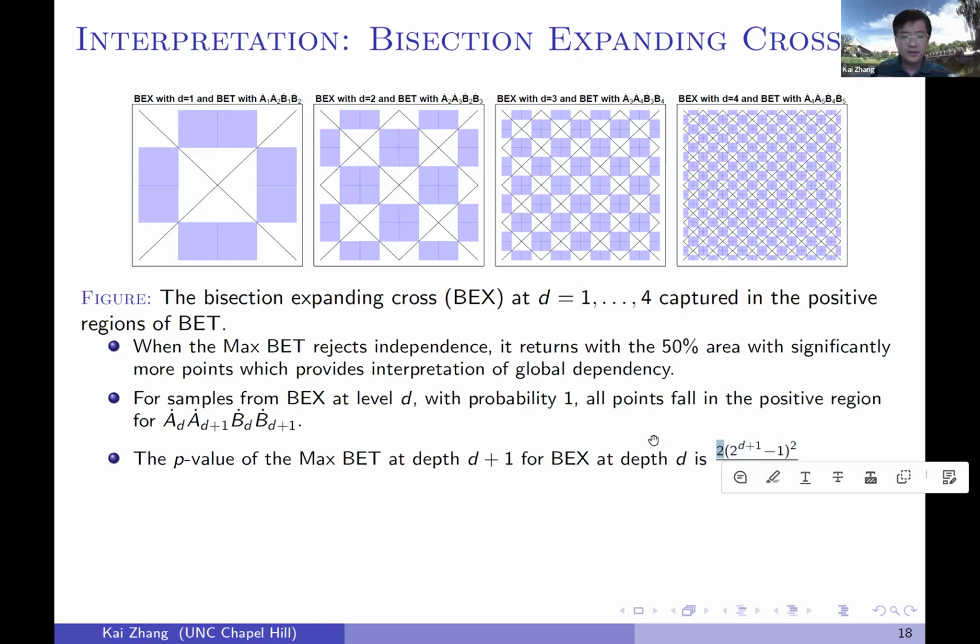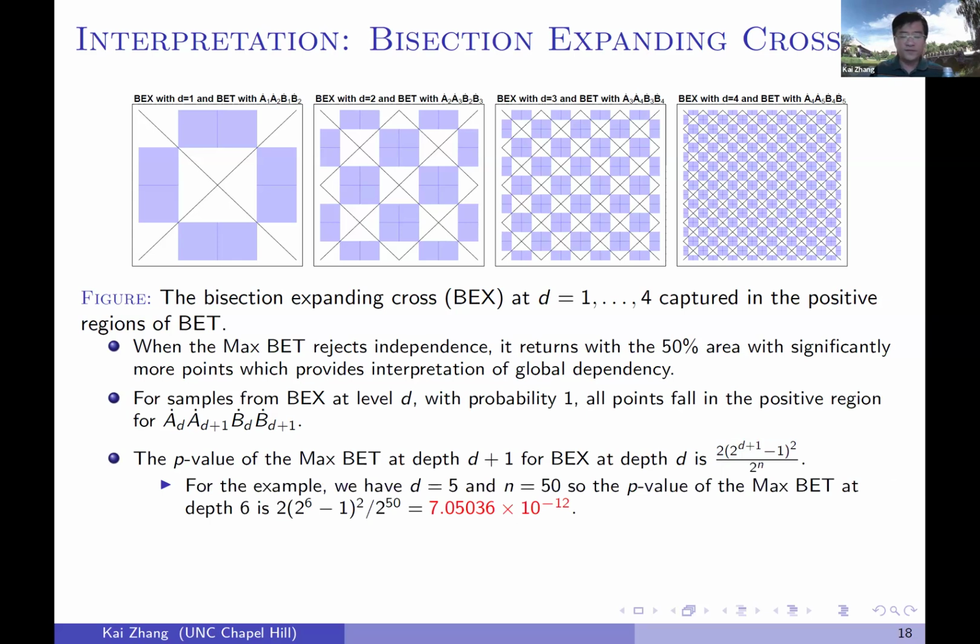So a very simple p-value, right? If you apply that to the 50 points in the quiz, you see, yes, it's generated with d equals 5. If you test at d equals 6, then the p-value is this value, a very small p-value, right? Because 2 to the 50 is in the denominator.